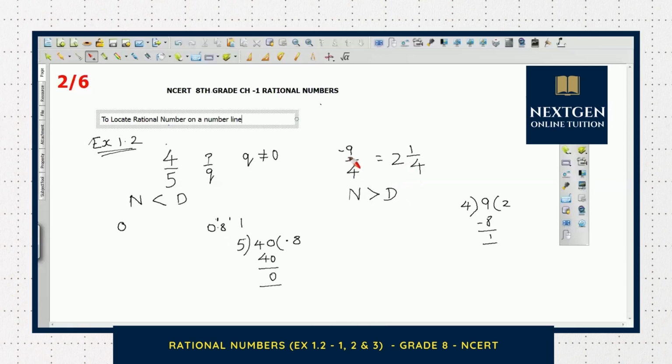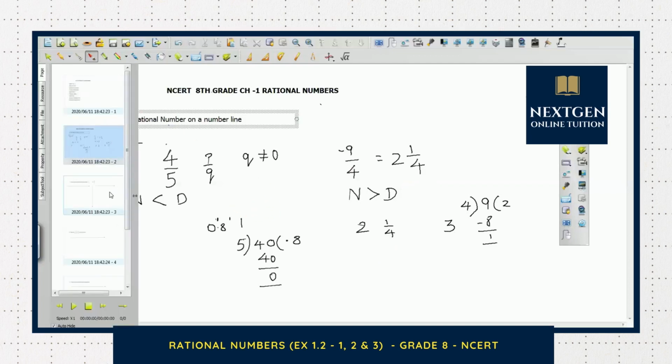So my number, minus 9 by 4, lies between this whole number 2 and the next whole number 3. Between 2 and 3, I need to locate 1 by 4. So 1 by 4 we can locate somewhere here. It's a random thing. So these are the two cases that we are going to see in locating a rational number problems.